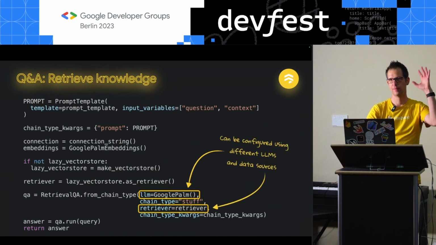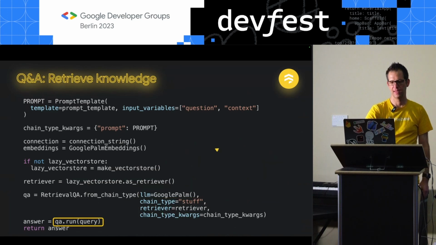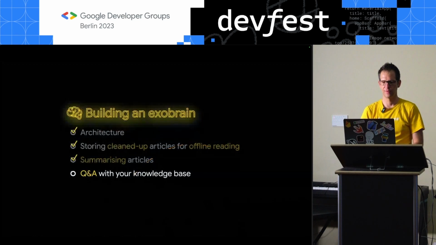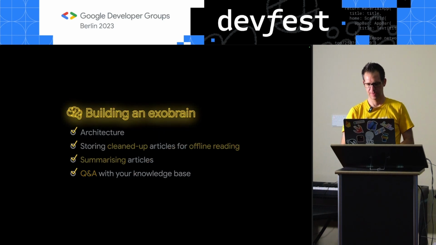That will get the documents, feed them into the prompt, and then give the user an answer. All right, so that is how you do Q&A with your knowledge base.